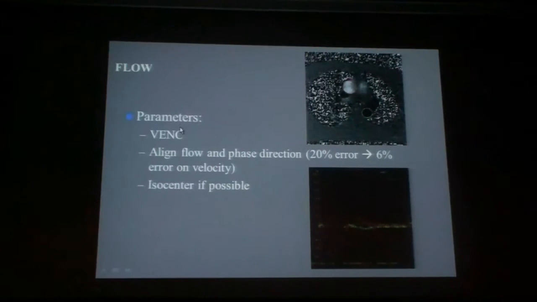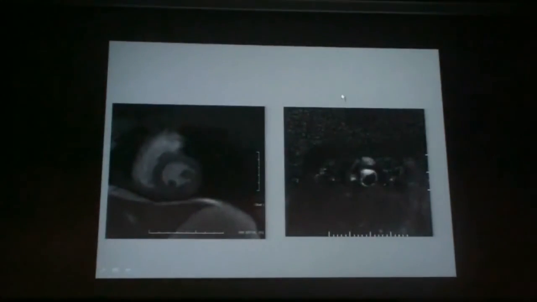And if you underestimate, you will saturate. If you overestimate, you will decrease your resolution in terms of quantification. And you would try as much as you can to align flow and phase direction, knowing that a 20% error will lead you to a 6% error in velocity, and you will work, if possible, at the isocenter. Okay, this is just an image of the mitral valve.